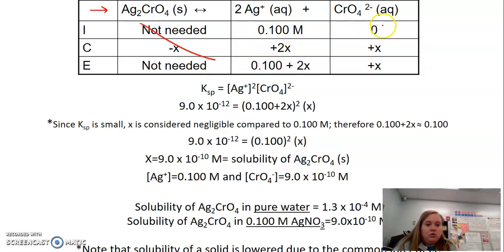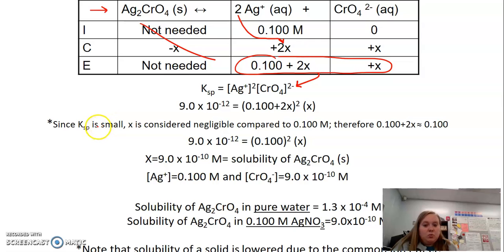We have our initial concentrations, and the equilibrium is in fact going to shift to the right, and so you have to add 2x to your silver. Remember, this 2 is because the coefficient is 2. And then we're going to take our values here at equilibrium and plug them into the KSP expression that we just wrote.